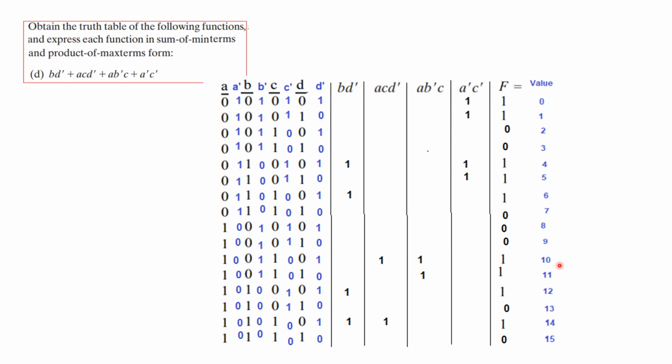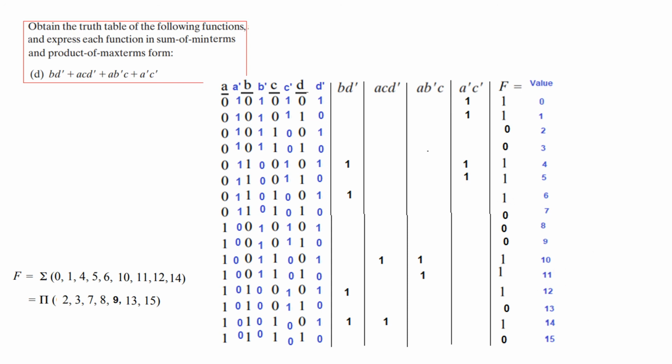Now we'll write the decimal values. So we can write the Minterms and Maxterms. So 0 to 15, and now wherever there is a 1, we'll pick that value for the sum of Minterms. So you can see sum of Minterms is at 0, 1, 4, 5, 6, 10, 11, 12, and 14.